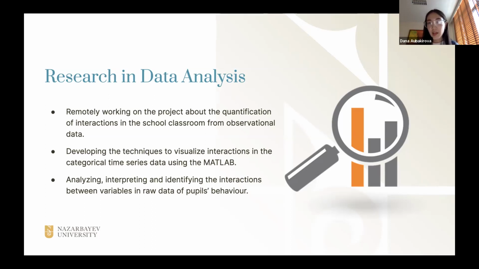So I needed to apply some technical skills such as programming in Python and statistical knowledge in order to derive some meaningful conclusions, to identify correlations in this data. Then I visualized these interactions in Python using some charts, and I also used MATLAB for that. So basically, I was applying my mathematical background in psychology and education.